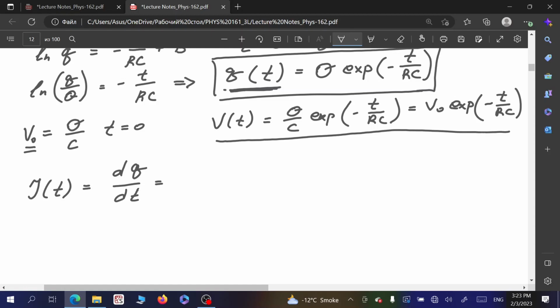That is equal to, if we express it in terms of maximum electric charge, minus Q over RC times exponent minus t over RC. So here we have this minus. So what does it tell us? Suggestions?